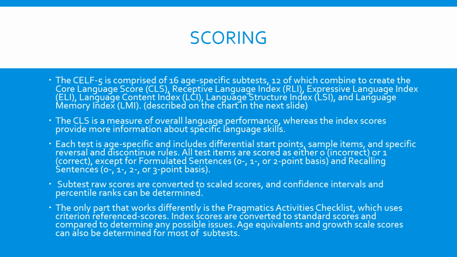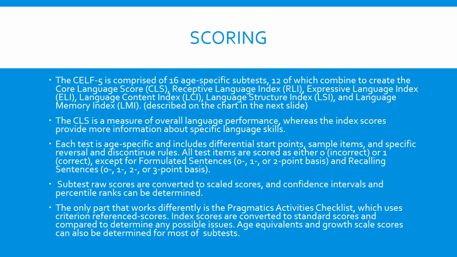The subtest scores are converted to scale scores, and then confidence intervals and percentile ranks can be determined off of that. The only part that works differently is the pragmatics activities checklist, because it uses criterion reference scores. So index scores are converted to standard scores and compared to determine any possible issues.